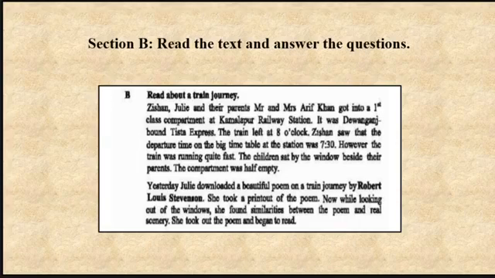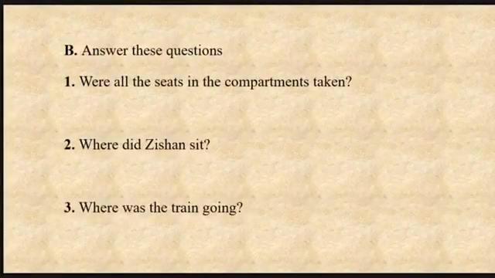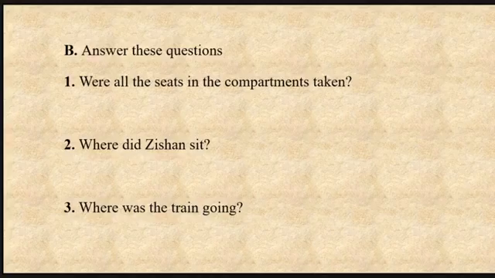I think you have understood the poem well, and now we are going to discuss some of the questions of this lesson. You see, in section B, there are six questions actually. So the first one is, were all the seats in the compartments taken? I have discussed a minute ago about the compartments.